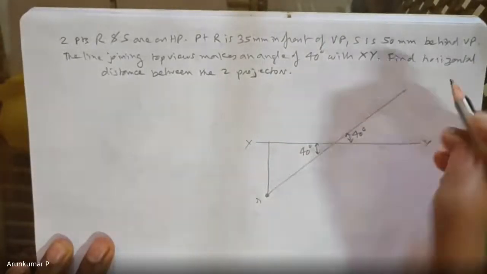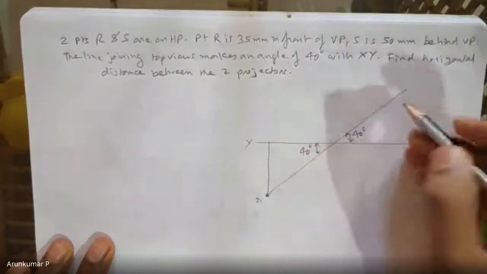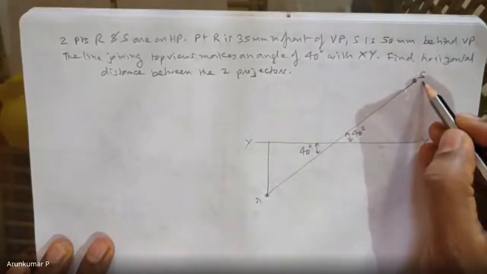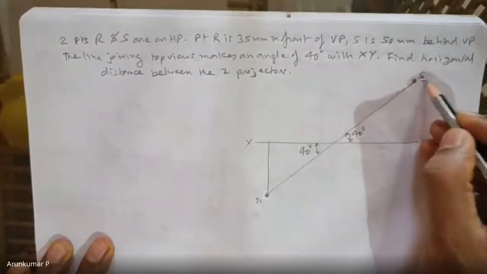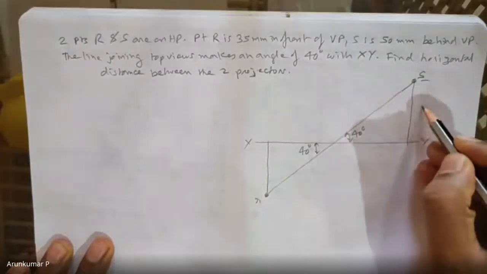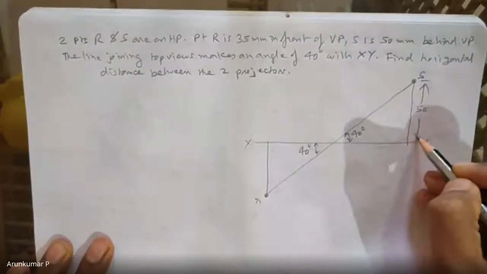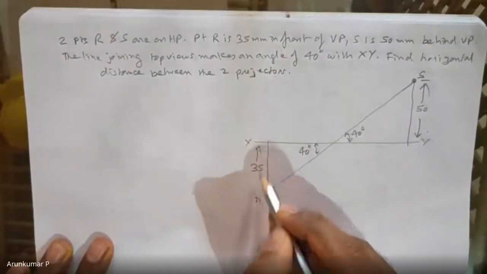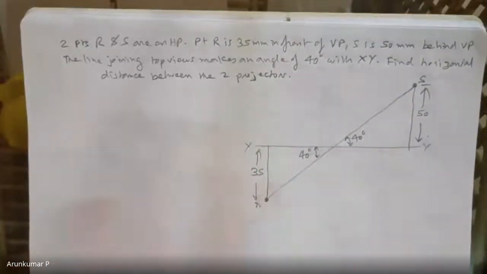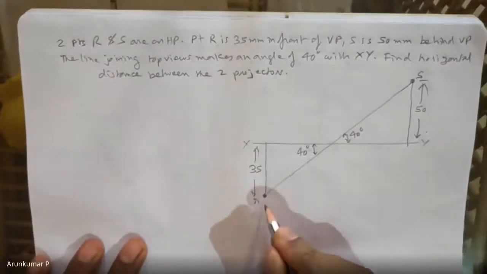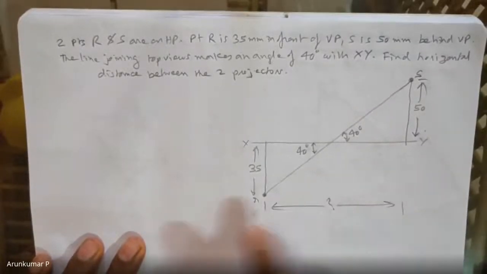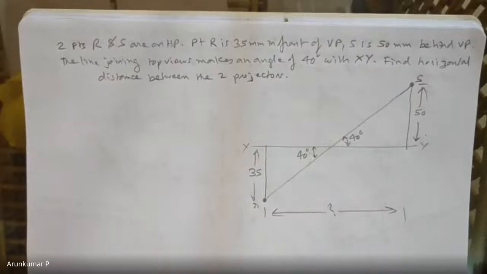And the condition is S is 50 mm behind VP. So at the end of this 40-degree line, somewhere here, the top view of S should be at 50 mm, whereas the top view of R should be at 35 mm. This is how the solution should be. And what you have to find is this horizontal distance between the two projectors.